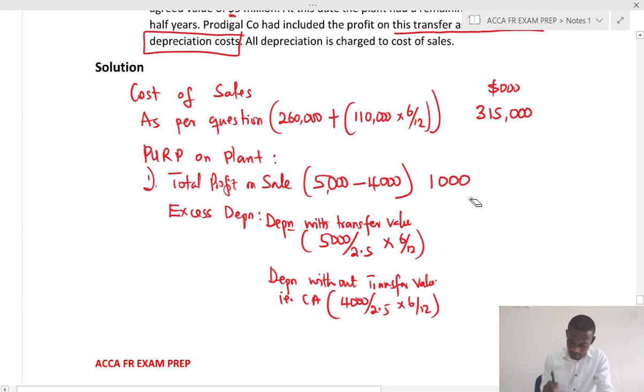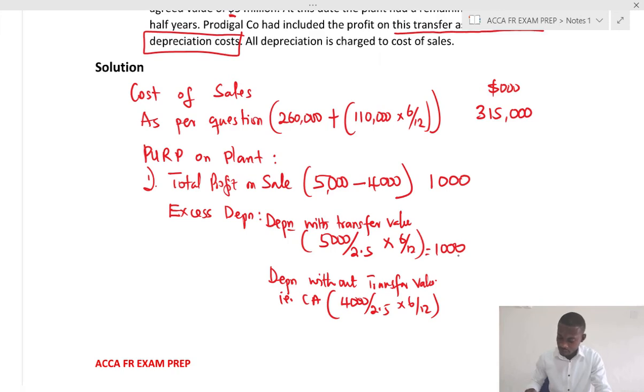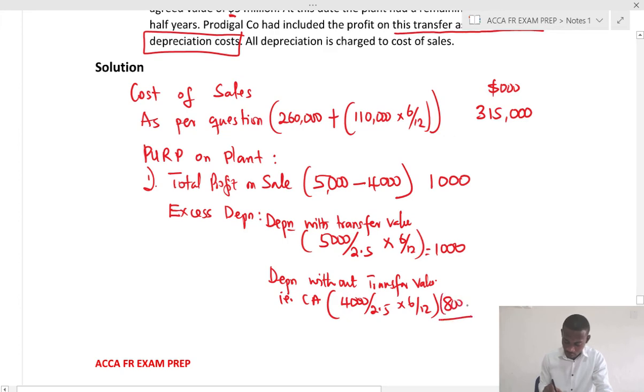So here is 1,000. And the 4,000 divided by 2.5, also times 6 over 12, is 800. I'll less it, so the excess depreciation would be 200.